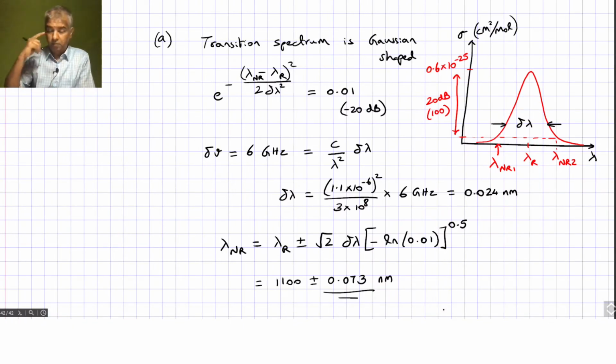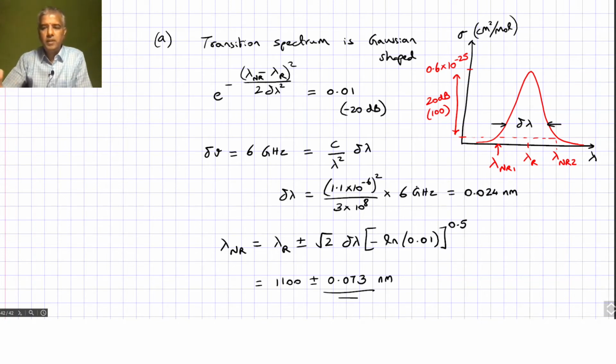So, if you want to do differential absorption spectroscopy, you need a source whose width is much smaller compared to this delta lambda. So, you ideally need a delta function, but let us say it is of a finite width; as long as the width is much smaller compared to delta lambda, that will be good for this application. So, delta lambda we found out is 0.024 nanometer, which corresponds to 6 gigahertz in terms of spectral width.